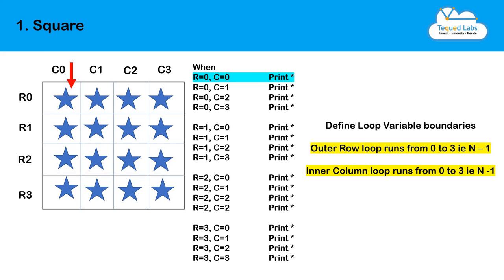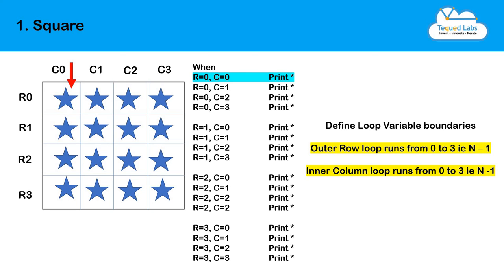Now let us actually analyze the loop pattern. So the outer row loop runs from 0 to 3. When I say 0 to 3, 0, 1, 2, 3, it is running 4 times. Now the inner column loop is also running 4 times, that is C0, C1, C2 and C3.